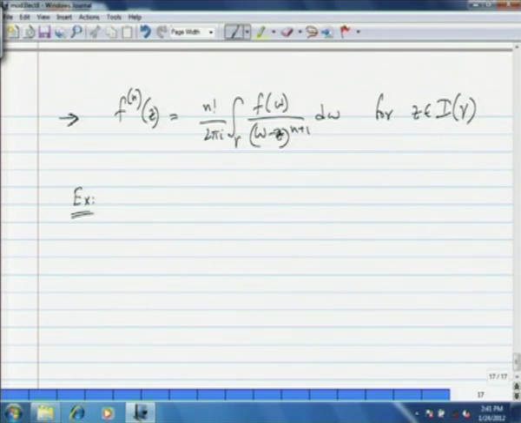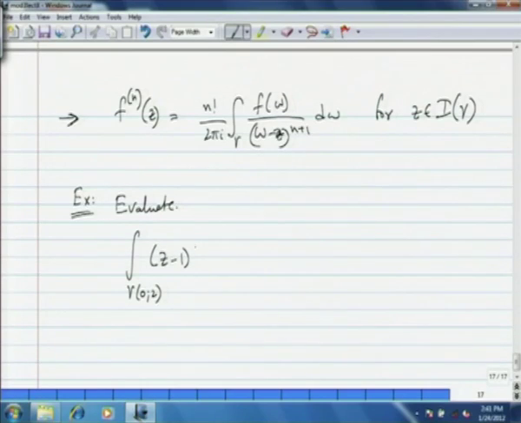So, here is an example: evaluate the integration over gamma 0,2, recall what that is, it is a circle of radius 2 centered at the origin, oriented in the counterclockwise direction or the positive sense, of (z minus 1)^3 e^(z squared) dz.